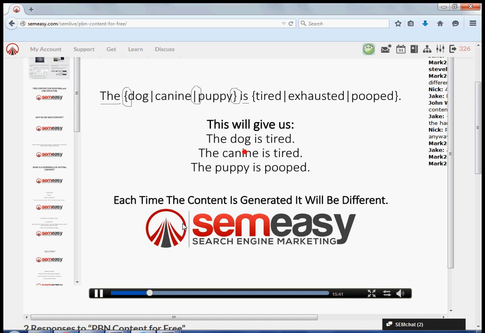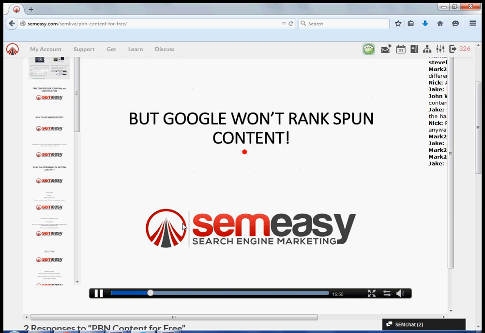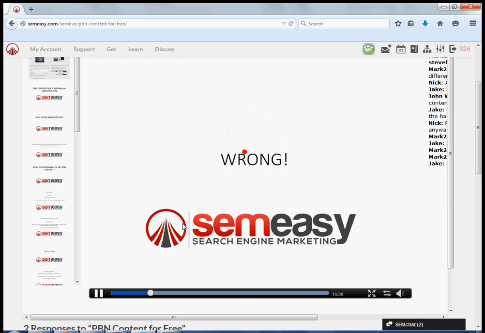With the proper spinning tool that has an unspinning tool built into it, each time the content is generated, it's going to be different, okay? But Google doesn't rank spun content, because that's what we hear all the time. Well, that's just wrong.